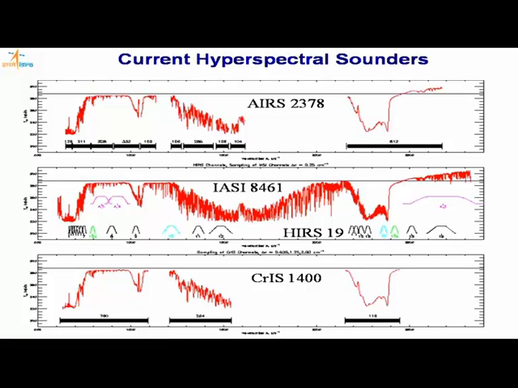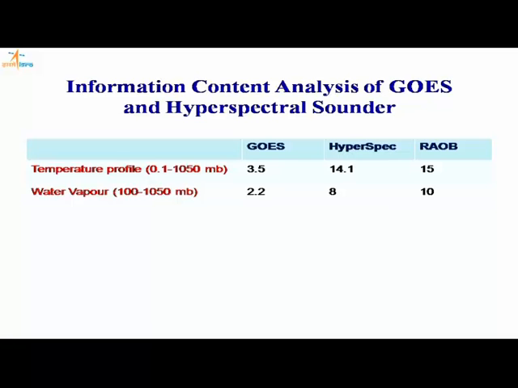We are not getting 8,000 independent pieces of information from IASI, or for that matter 2,000 independent pieces of information from AIRS, because many of the pieces of information are correlated and they give information about the same level or same layer in the atmosphere. So what is the independent piece of information which we are getting from these satellites, and that we can study using information content analysis.